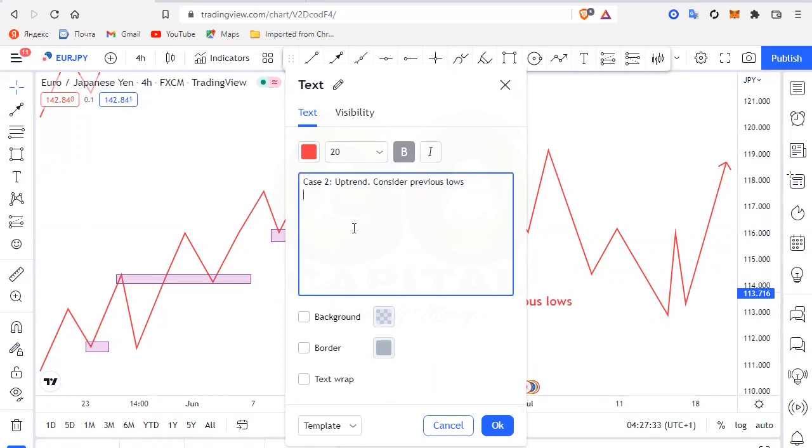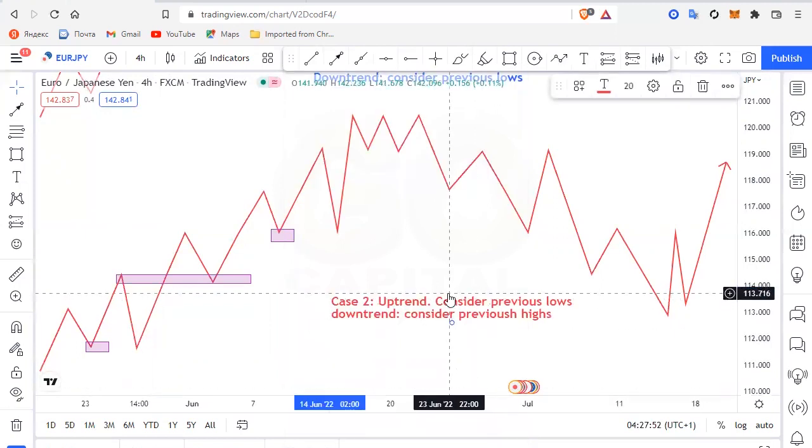Then downtrend: consider previous highs. So this will be case 2.